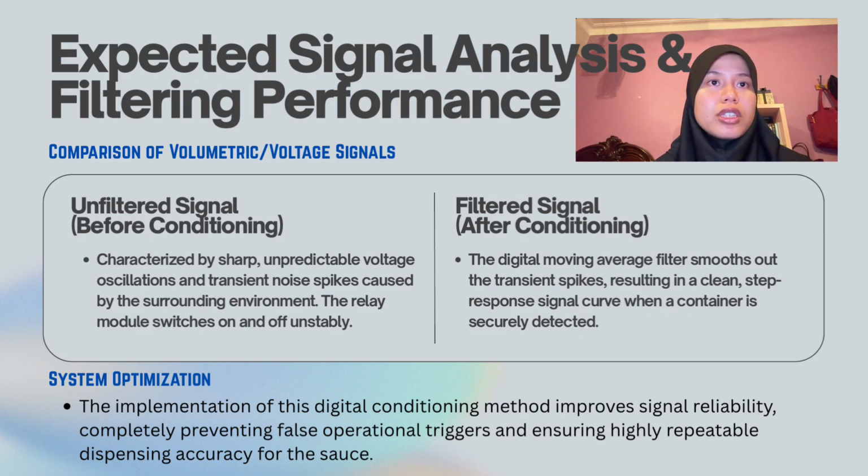As a result, the relay may switch on and off unpredictably, which can lead to false triggering and unreliable system performance. On the right side, after applying a digital moving average filter, the noise is greatly reduced and the signal becomes much smoother and more stable. This produces a clear step response when a container is detected, allowing the system to make more accurate decisions.